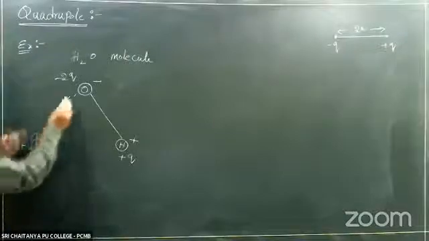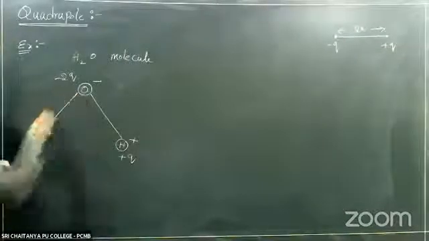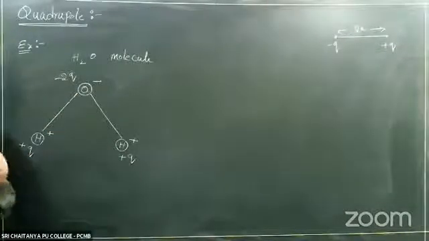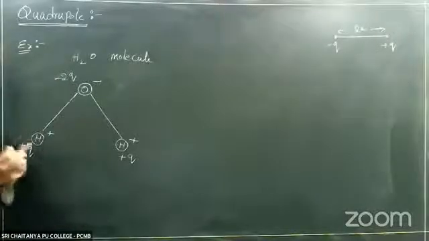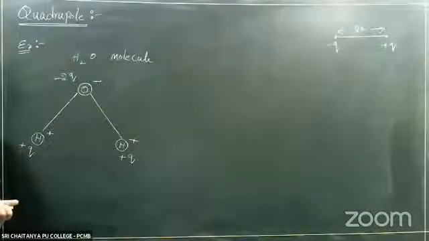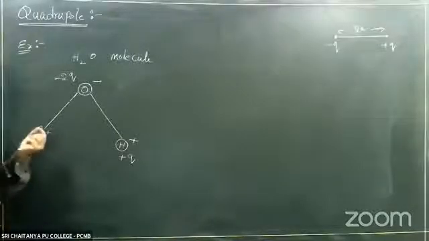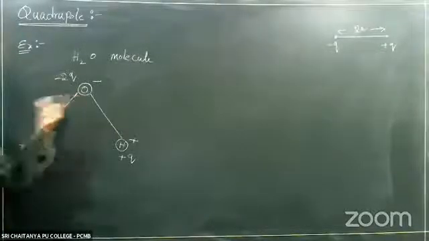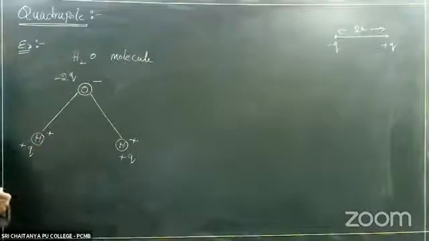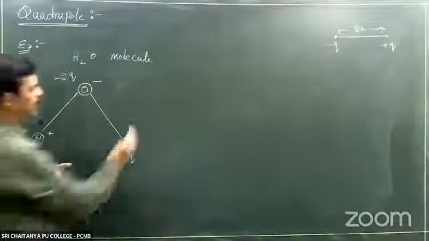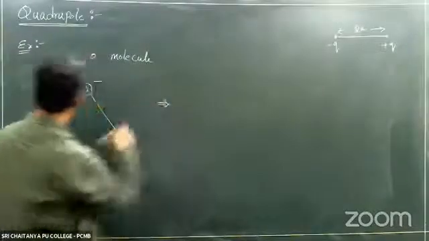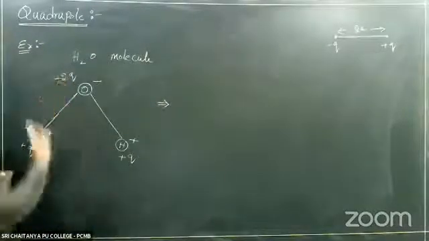So if this type of quadrupole is given to you, how to find the net dipole moment of this quadrupole? Again, I am using the word dipole moment. Sir, you said it is a quadrupole. How is it a dipole? How does it give a dipole moment? Simply see here. This is minus 2Q.